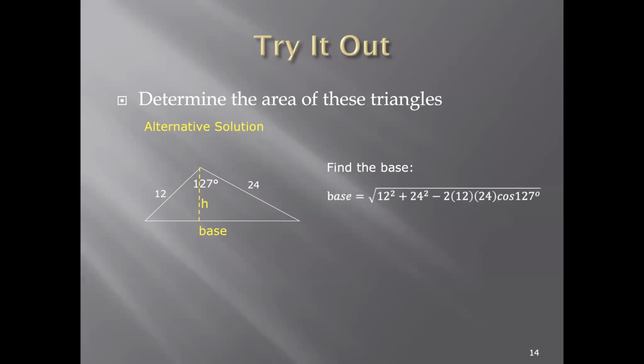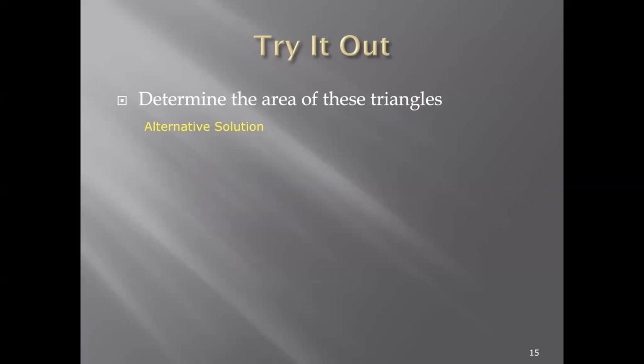So the base is equivalent to the square root of 12 square plus 24 square minus 2 times 12 times 24 cosine 127. So solving for this one, we can say that the base is 32.66. So let us put the value of the base, which is 32.66.